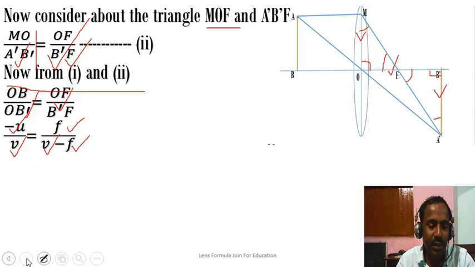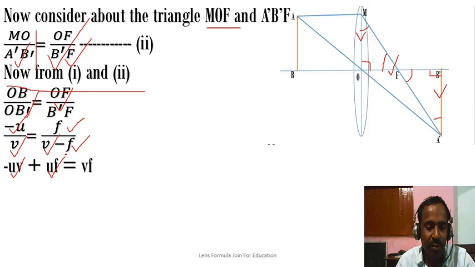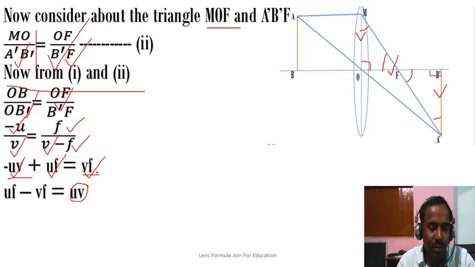Now, by cross multiplication, minus into plus into minus, this is minus UV, minus into minus into plus, this is plus UF, equal to V into F, equal to VF. So, we move minus UV to the right hand side, therefore this will be plus UV, and VF moves to the left hand side, therefore plus VF will be minus VF.